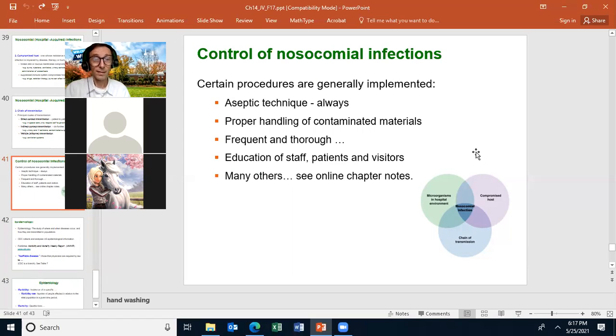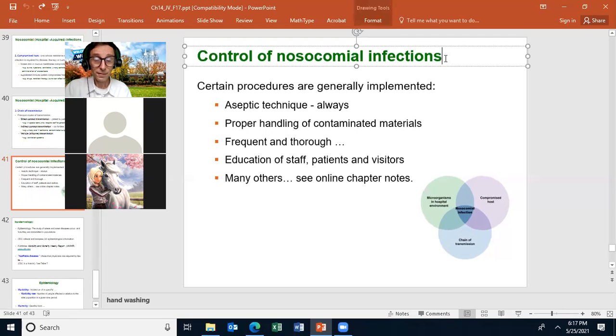If not, let me end here and say that if you simply wash your hands after every patient, you can reduce the spread of nosocomial infection by about 50%. So always wash your hands in between patients.